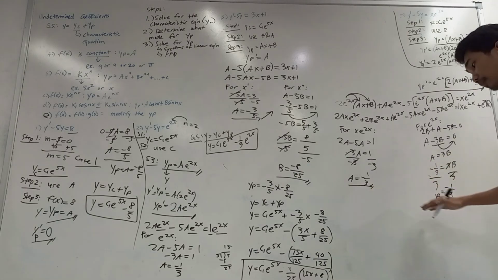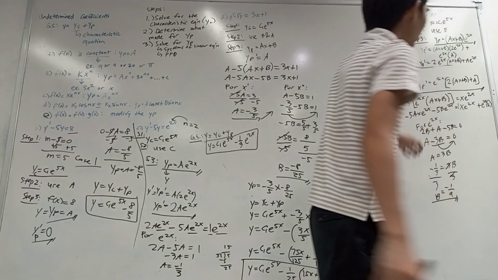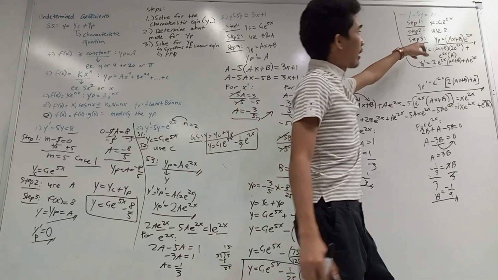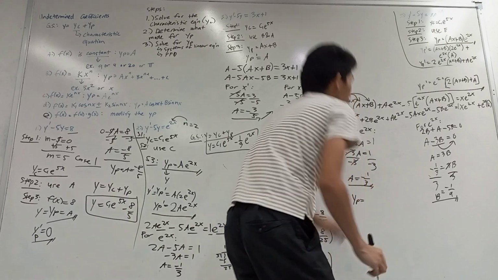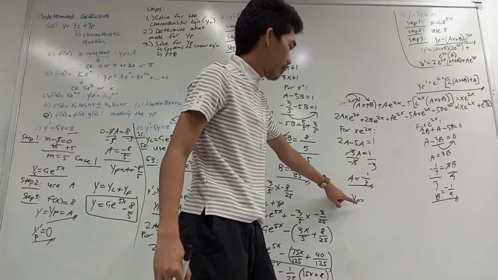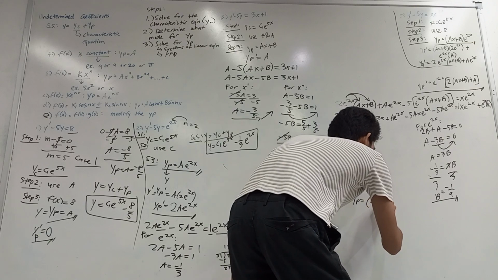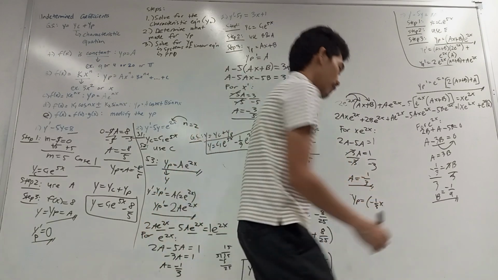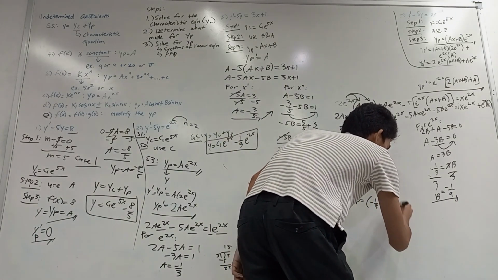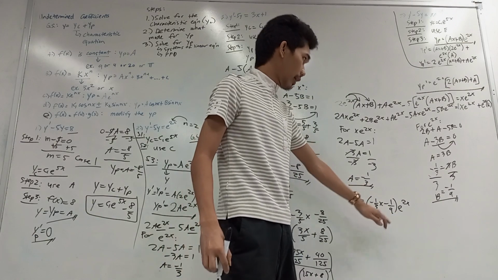So may a na tayo, may b na tayo. And then, i-write lang natin siya sa ating yp. Yp is equals to negative 1/3 x minus 1/9 times yung e raised to 2x.